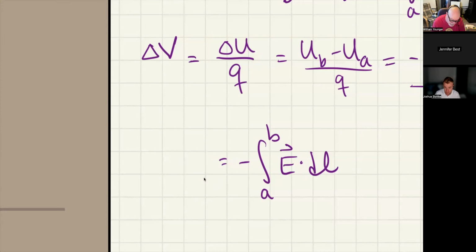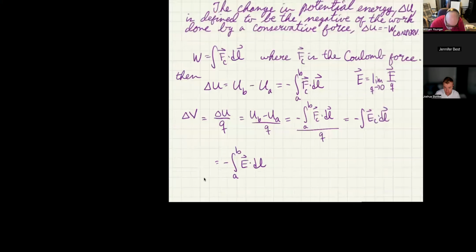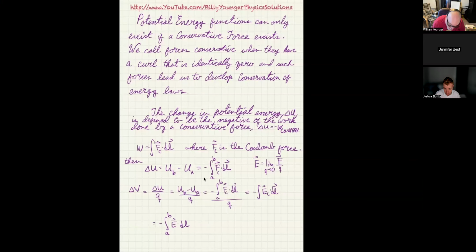I'll take a couple of steps, that way it'll make a little more sense. This quantity, of course, is delta V, which equals delta U over Q. So you could say delta V, which equals VB minus VA, is the negative integral from A to B of E dot dl, and that's really the fundamental idea that we need.